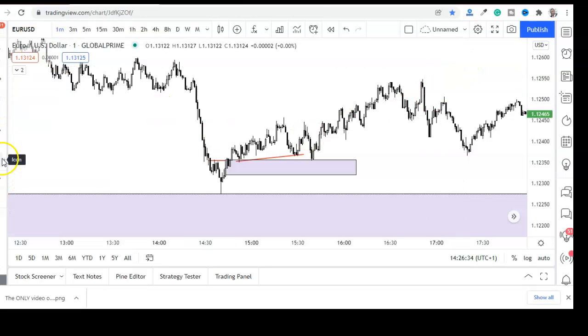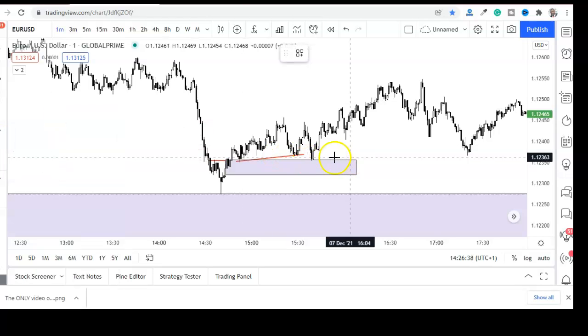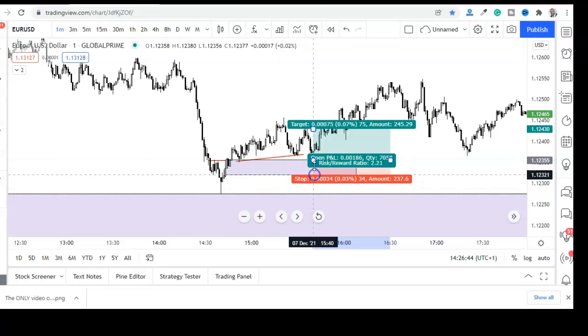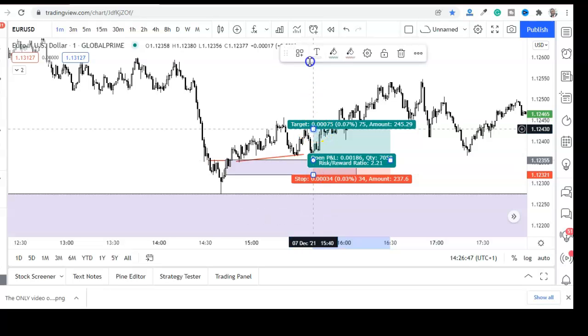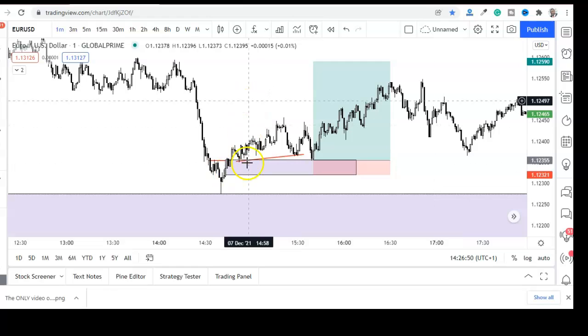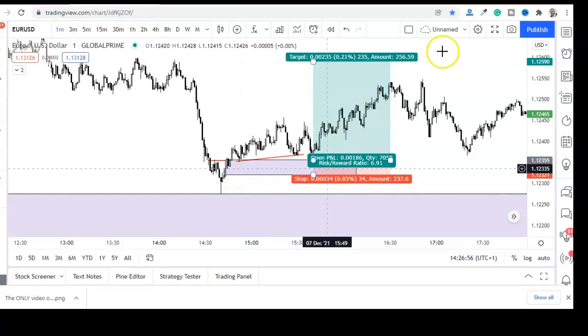Okay, we have a long tool. This is hindsight, yes, but this is the only way I can explain the concept. If you don't understand the liquidity concept, you will struggle in this market. If you notice, we didn't get a deeper retracement into this region here to take the trade.